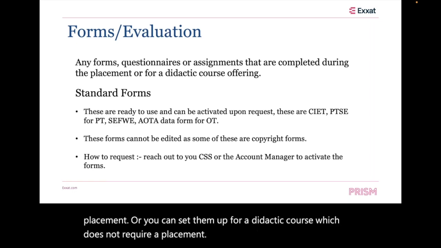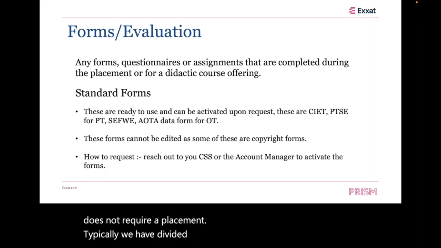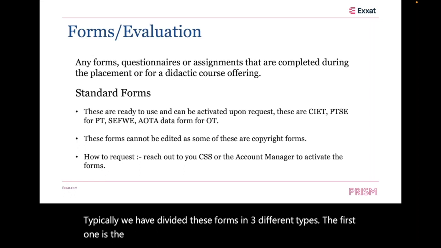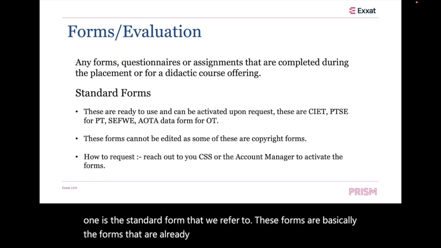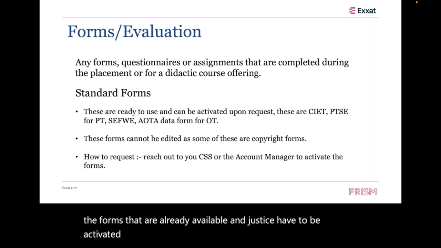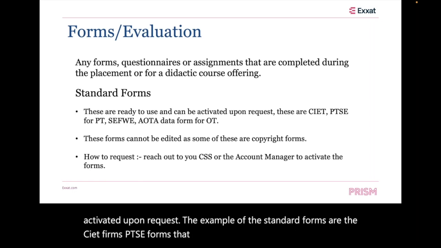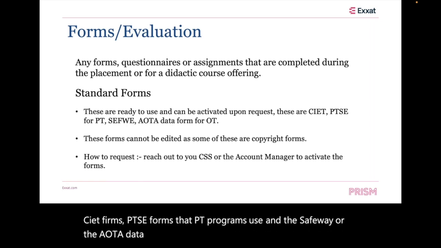Typically, we have divided these forms in three different types. The first one is the standard form that we refer to. These forms are basically the forms that are already available and just have to be activated upon request. The example of the standard forms are the CIET forms, PTSE forms that PT programs use, and the CEFWE or the AOTA data forms that the OT programs use.